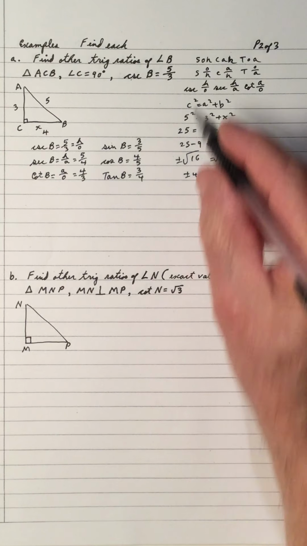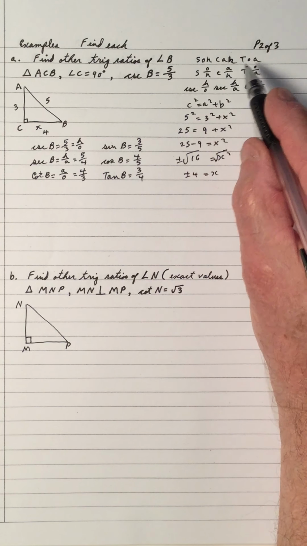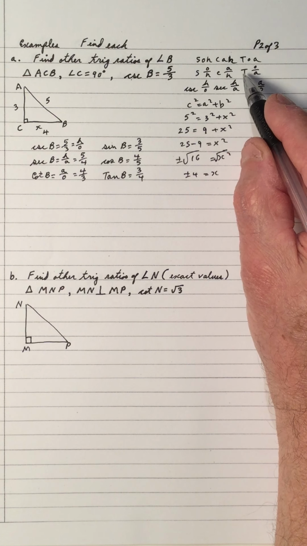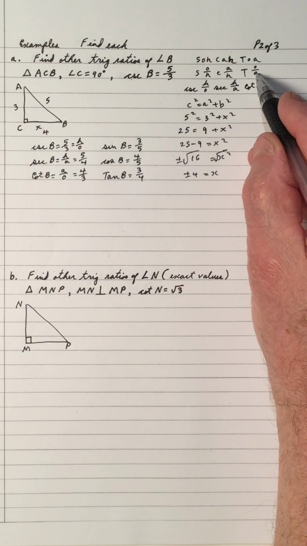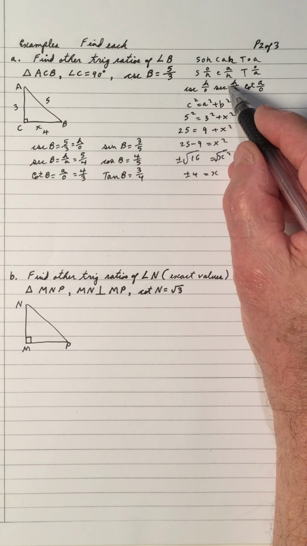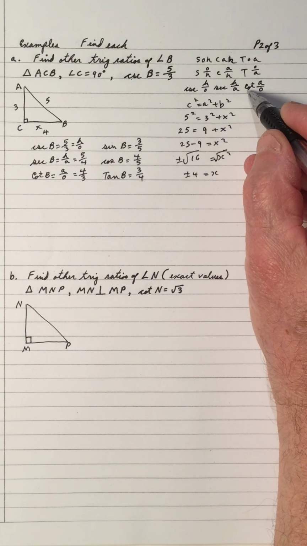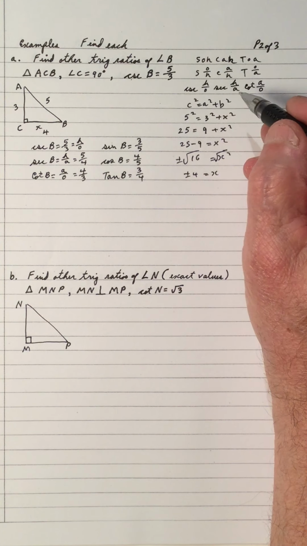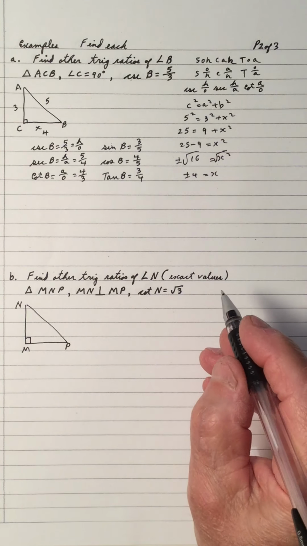Now, again, we have SOH CAH TOA. Sine is opposite over hypotenuse, cos is adjacent over hypotenuse, tan is opposite over adjacent, and so on. Cosecant is hypotenuse over opposite, secant is hypotenuse over adjacent, and cot is adjacent over opposite. Always keep this in mind. So, here we go.